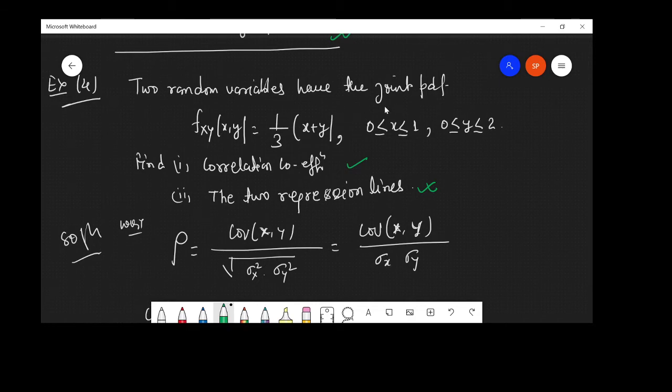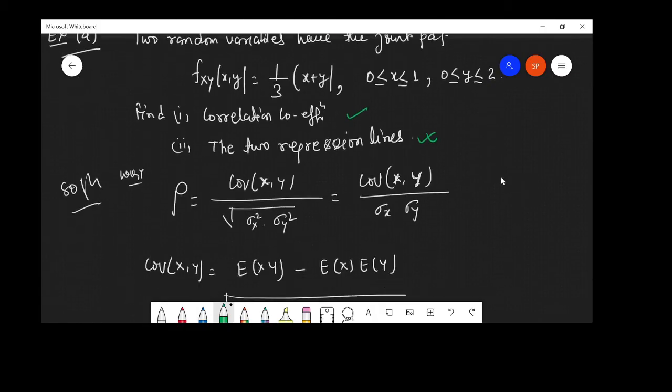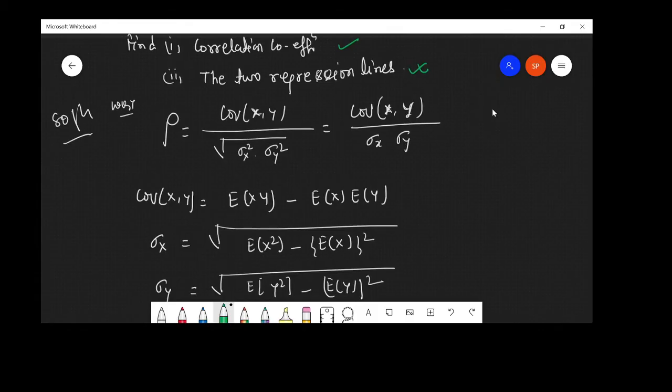It is based on continuous random variables given by the joint probability density function. So we write rho is equal to covariance of xy divided by the square root of sigma x square into sigma y square, that is, covariance of xy by sigma x into sigma y.